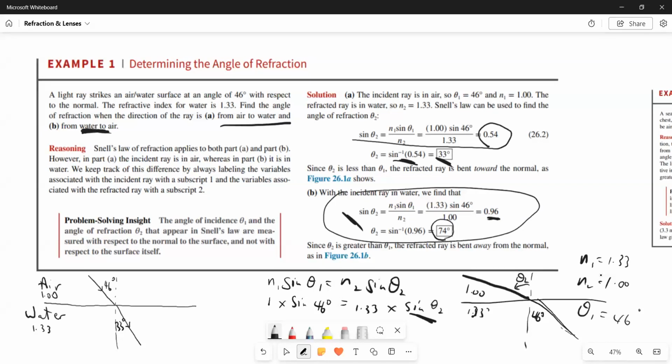You follow the example? Yes, sir. Should not be hard for you. A little bit of mathematics, but yeah.